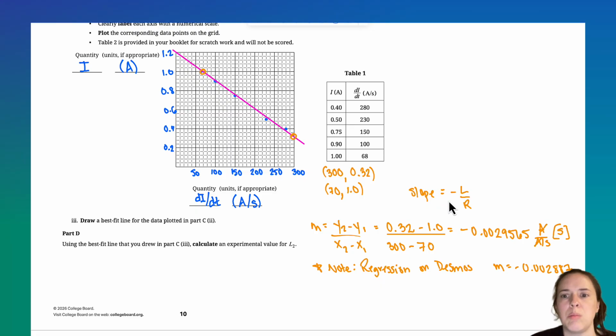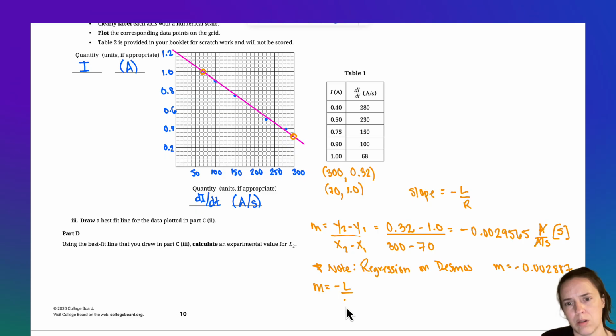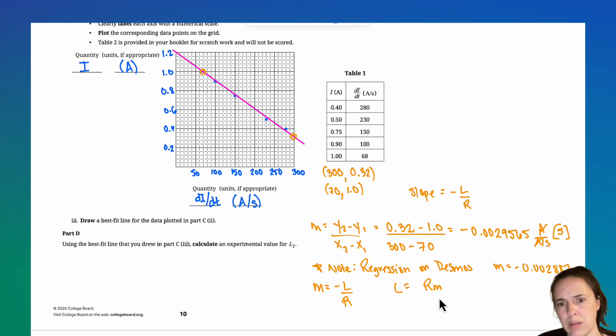All right, so we said our slope was equal to negative L over R. So m equals negative L over R. If I'm going to solve for my L, my inductor, I'm going to multiply R to the other side. So R times my slope, not mass, just to be clear, and then multiply by negative 1. So I'm going to take my slope, multiply it by my resistor, which was 10, and flip the sign. If I use my personal value, it's going to be 0.029, and we'll round it.